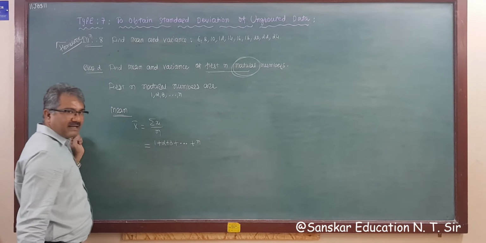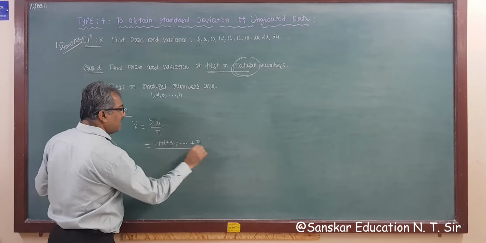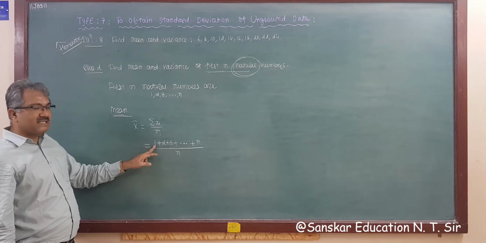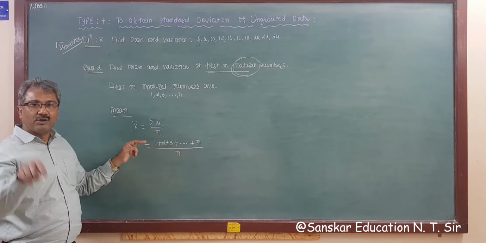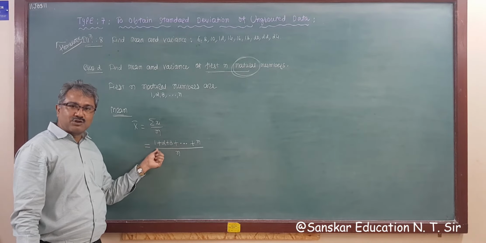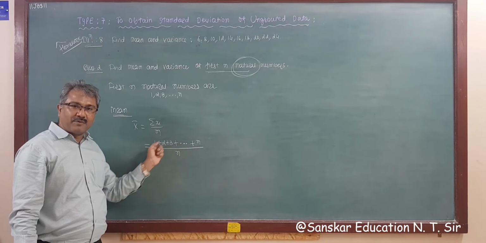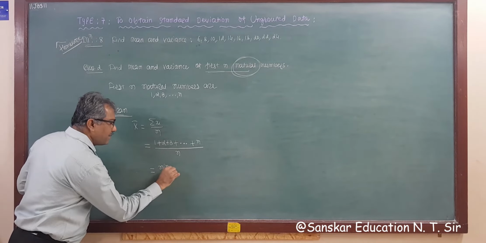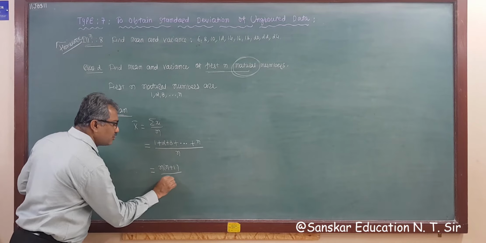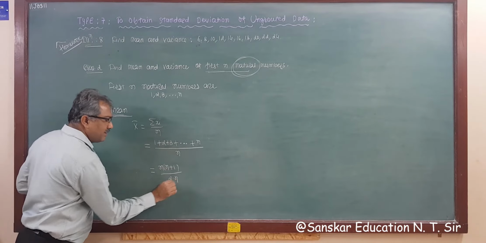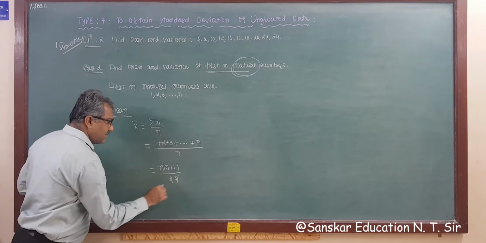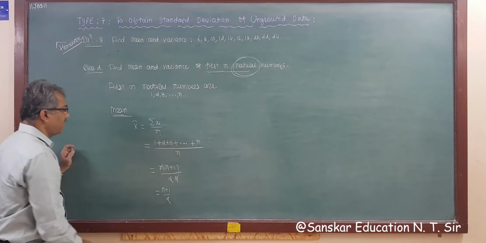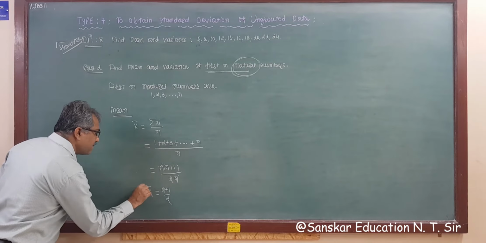This is the sum of the first n natural numbers, divided by the number n. You learn this in 10th standard also: the sum of the first n natural numbers is n into n plus 1 by 2, and already n is in the denominator. So n will cancel, and you get n plus 1 by 2, right? So this is your mean x bar.